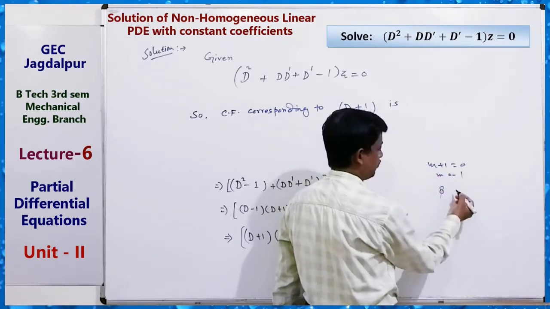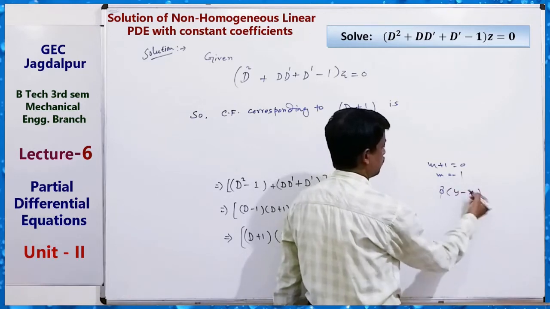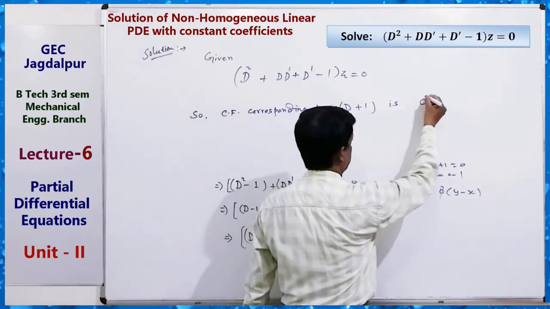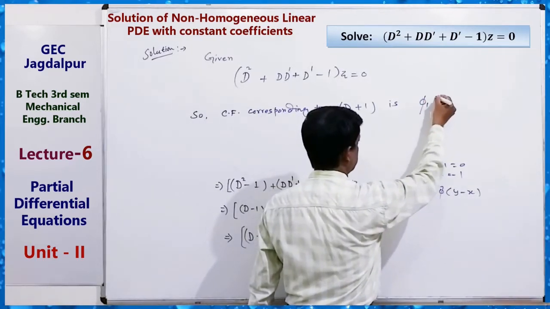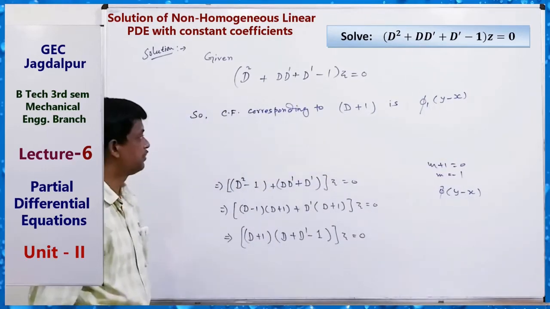So the function φ of y + mx is φ₁(y − x). Clear?